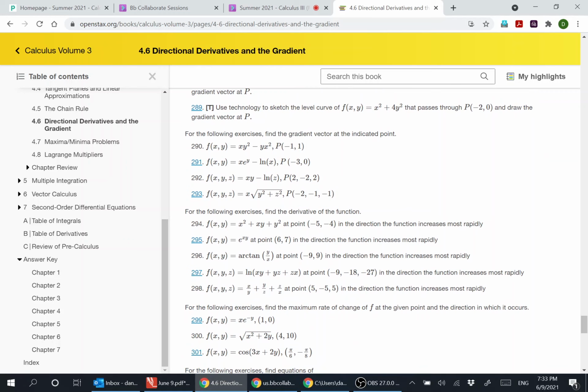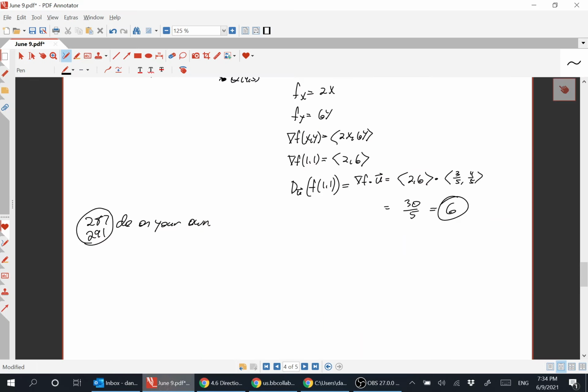For the following exercise, find the derivative of the function f at the point -5, -4 in the direction that the function increases most rapidly. Okay, so for 294, we have f(x,y) equals x squared plus xy plus y squared.